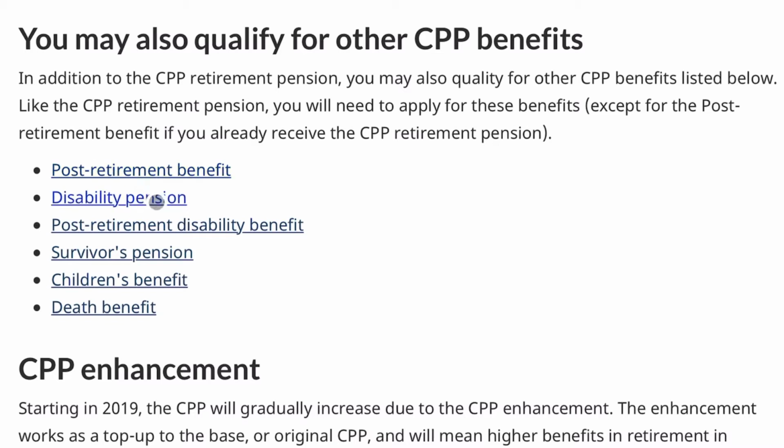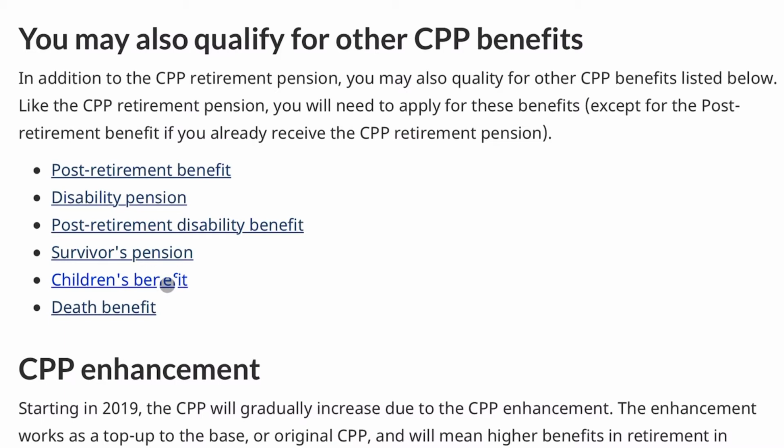And then of course you have a disability pension, a survivor's pension. That is if your partner passes away and they were collecting CPP, you're entitled to a portion of their pension.